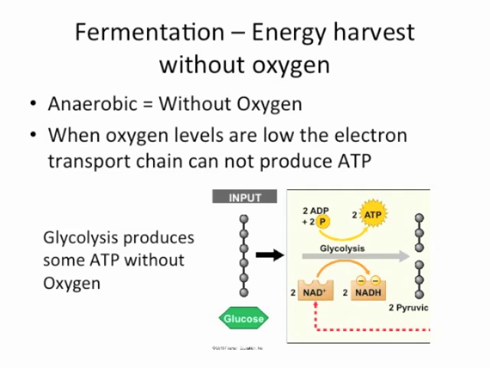So glycolysis produces these two ATPs without oxygen being present. So organisms that do not have oxygen present can still do glycolysis. They can still take their glucose, convert it to pyruvate, and produce a little bit of ATP.